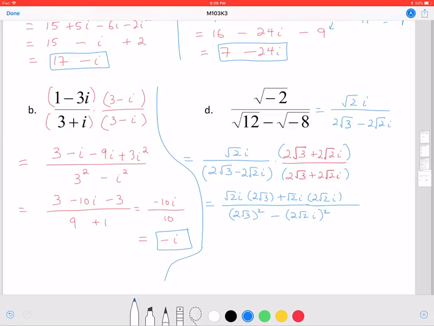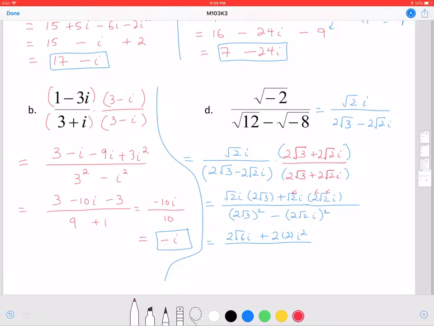What I have at the top is going to be 2 square root of 6i, and the second one is going to be plus 2 times 2i squared, because square root of 2 times square root of 2 will give me another 2, and i times i is i squared.